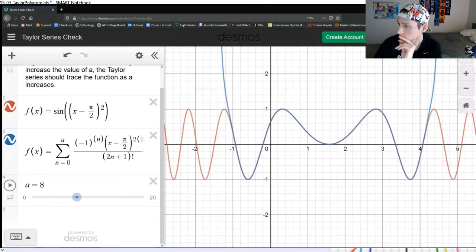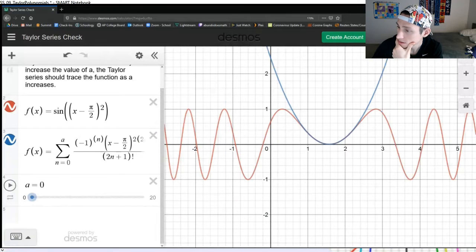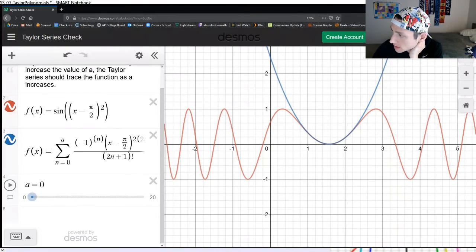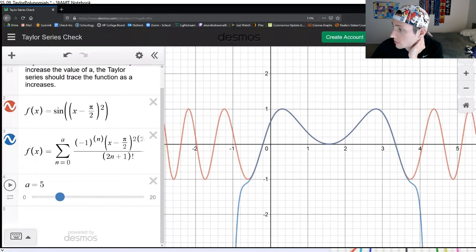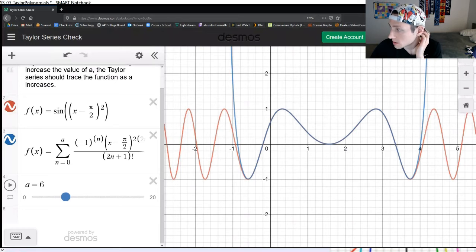Because initially, this polynomial is good for approximating values right around 1.5 or so. But if I have even a 6th-degree polynomial, now this is really good for approximating for quite a while, maybe from -1 to +4, these are all really good approximations, if not perfect.